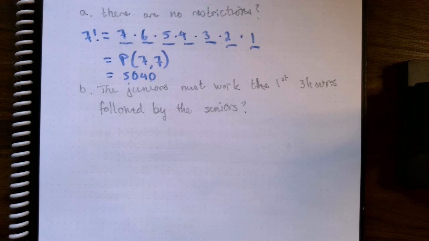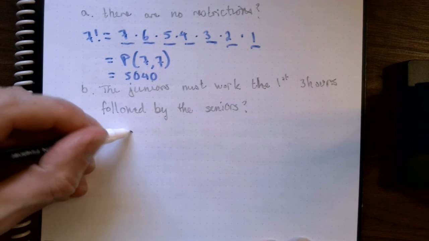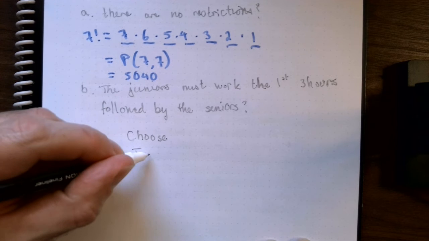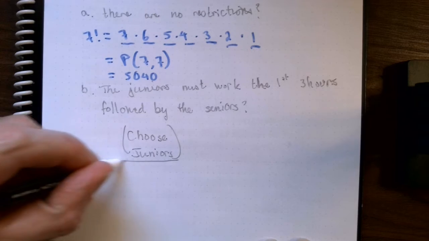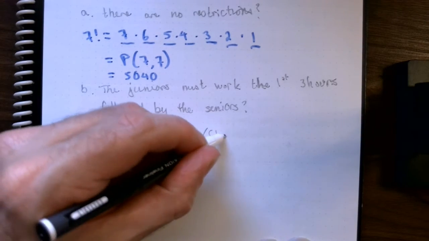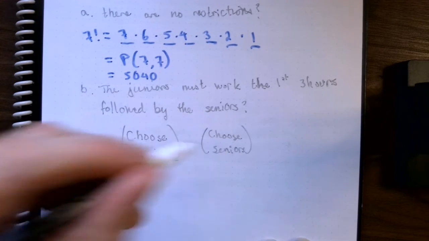So I could break this up like this. Okay, it's a 2-step process. I'll choose the order for the juniors to work, that's my first step, and then I'll choose the order for the seniors to work.